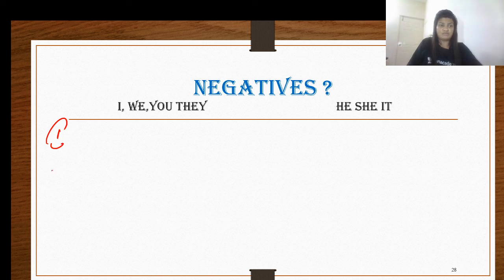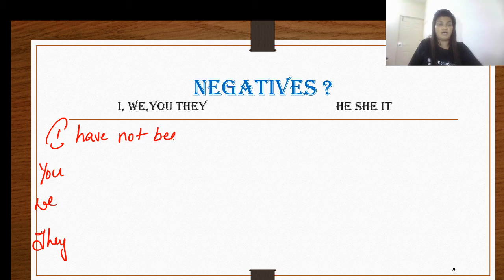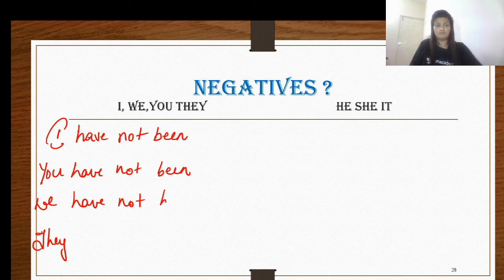Now let us see how to frame the negatives when it comes to this usage. Let us begin with the subjects I, you, we, and they. To negate it, all you do is introduce the negative word. I have not been, or you have not been, we have not been, or they have not been.